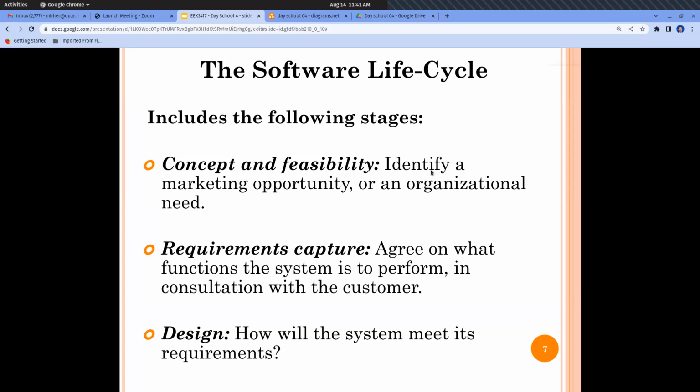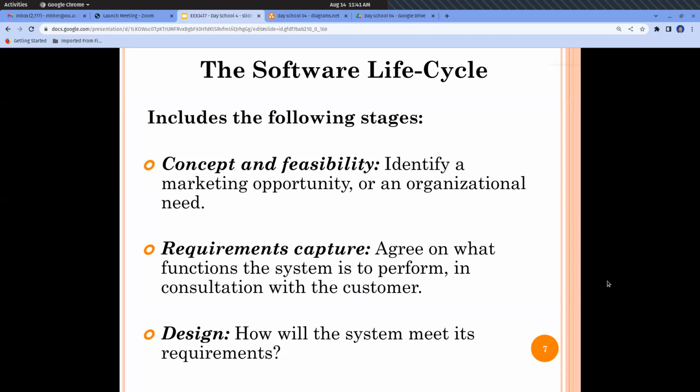There is another one, technical feasibility. Suppose market opportunity and organizational needs are okay, but suppose the organization cannot buy the necessary hardware, pay for the software and pay the workers, that is also not feasible.